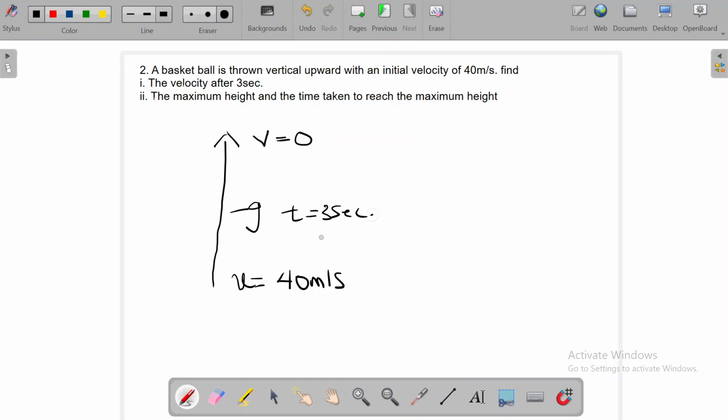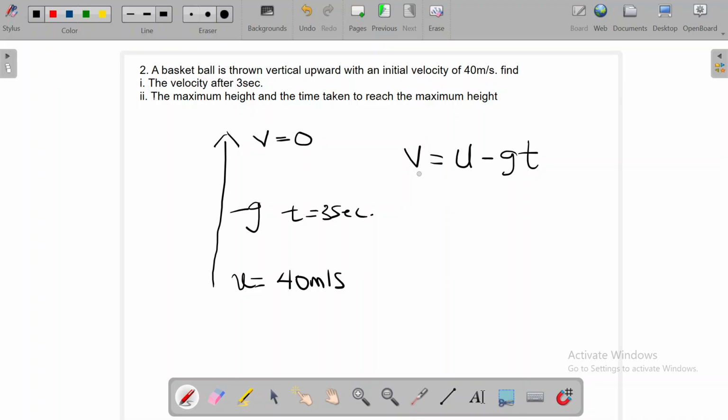Now please take note. This time here did not say it is the final velocity, because at final velocity there's nothing to solve here. I will just simply say 0. So it says after 3 seconds. Okay? So I would say v is equal to u negative gt.